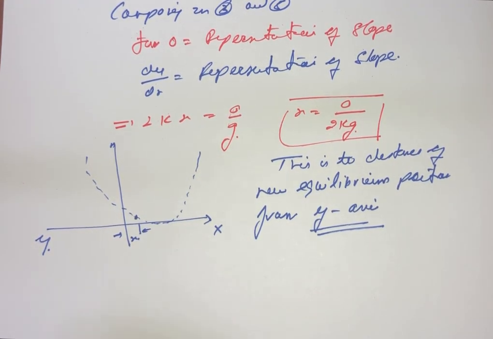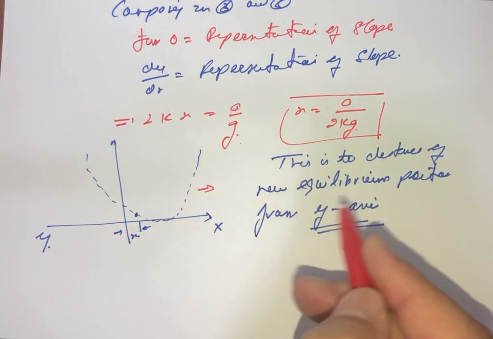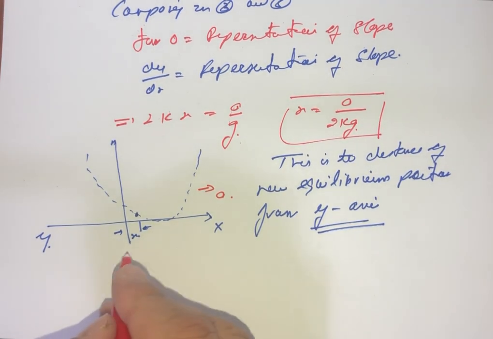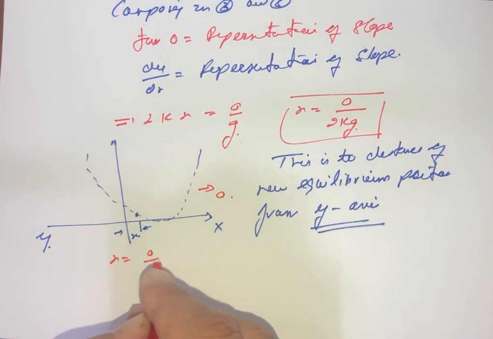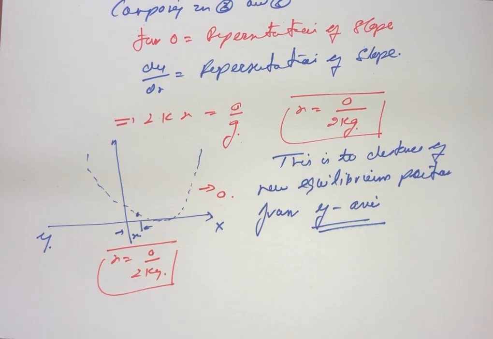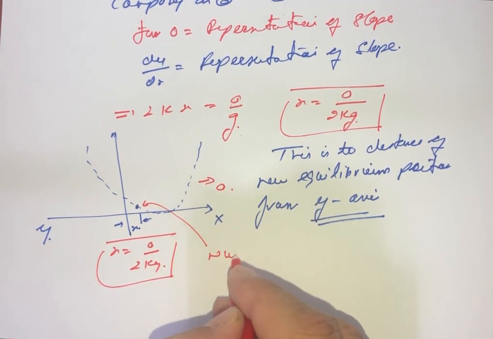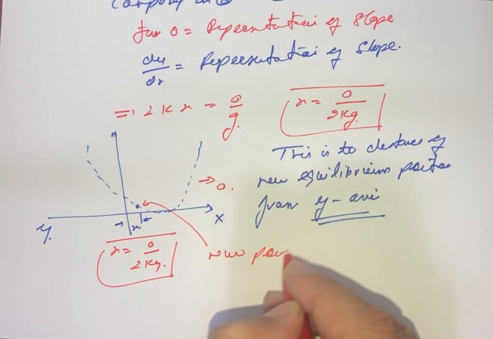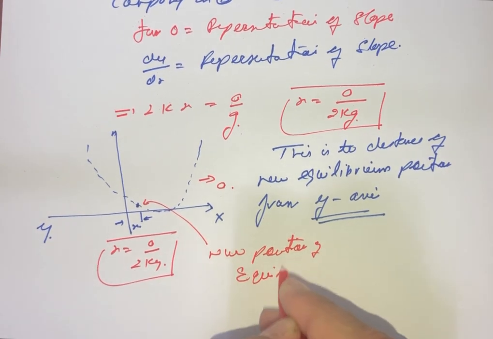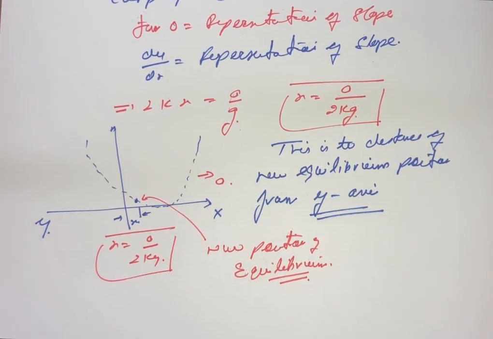So this is the new position of the equilibrium if it is moving towards the right side with acceleration a, and this x is given as a divided by 2k times g.